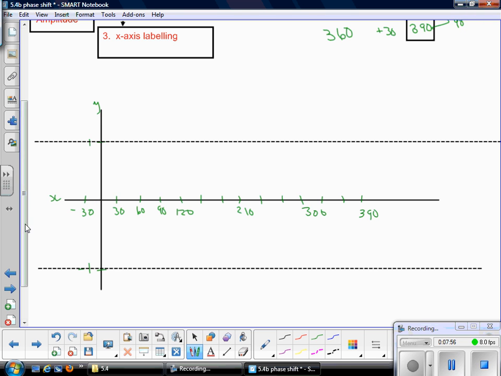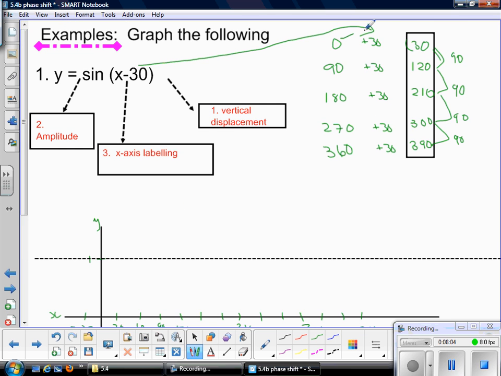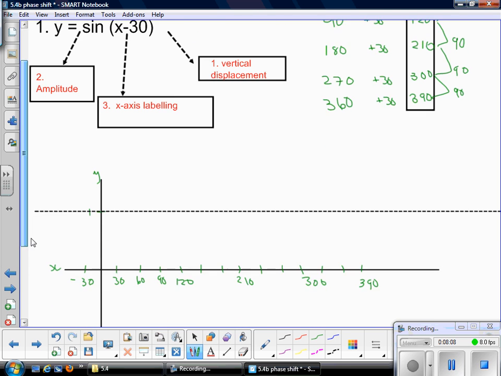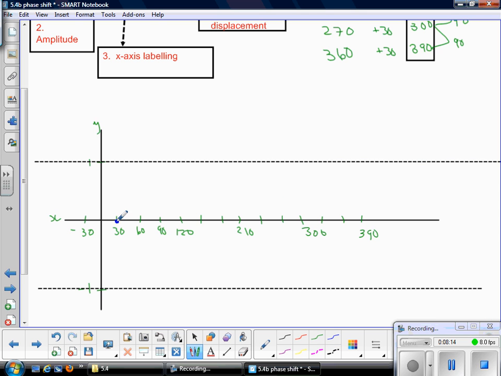So instead of starting at 0, 0, I have to start at 0, 30 because that is where this has been transferred to being started at 30 degrees. So again, I'm going to make my ping pong balls. It's not that difficult. I start at 30, and because there was nothing in front of my amplitude, I know that I'd go up, go back down.